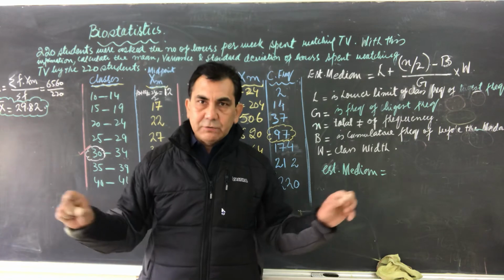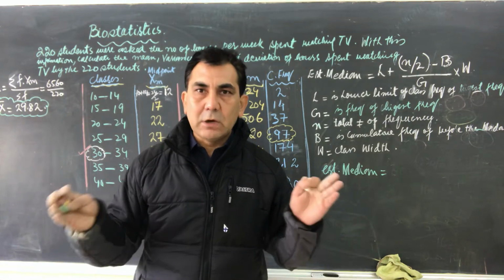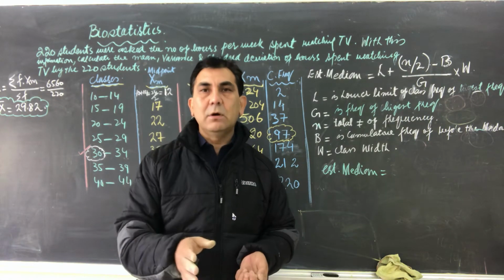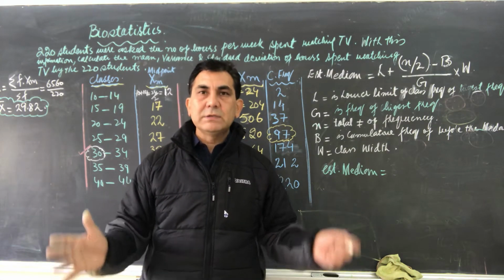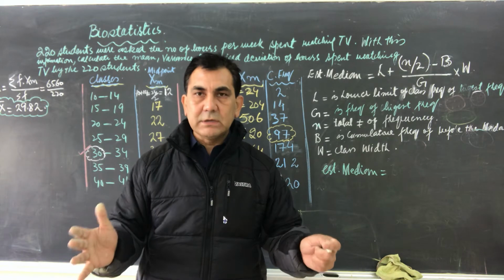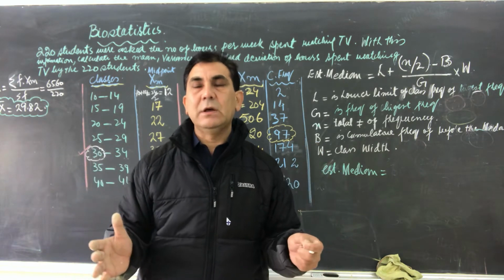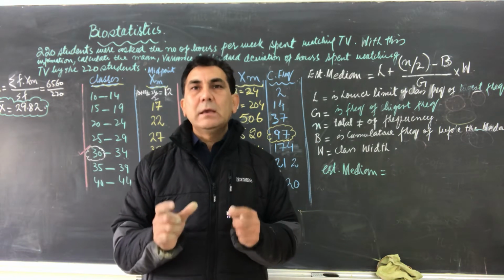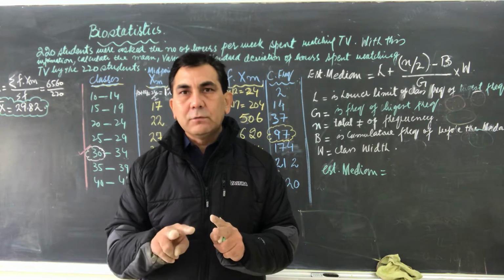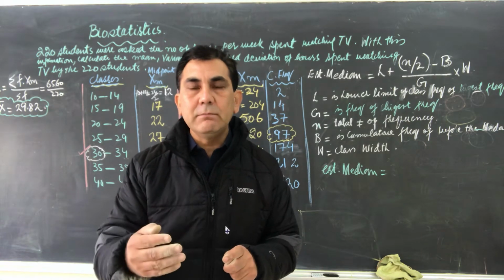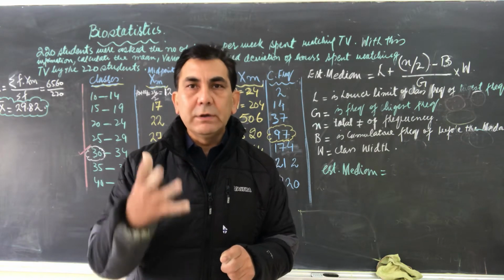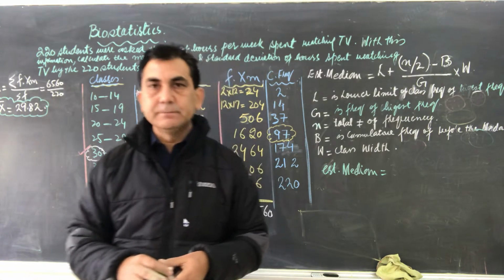Now, after arranging the data, if the data is odd in number, the middle value of the data is the median. If the data is in an even group, you add up both of the middle values and divide by 2. It will give you the median of the even data set.